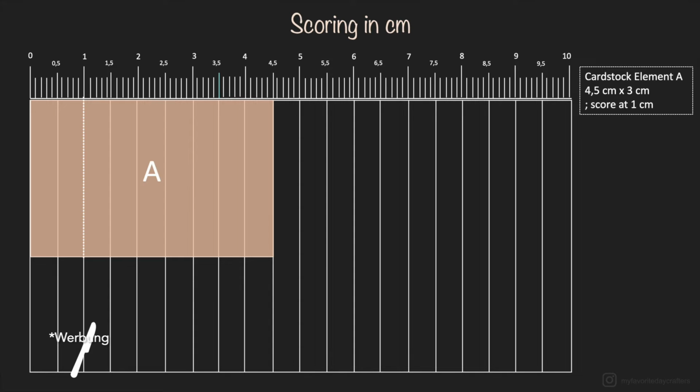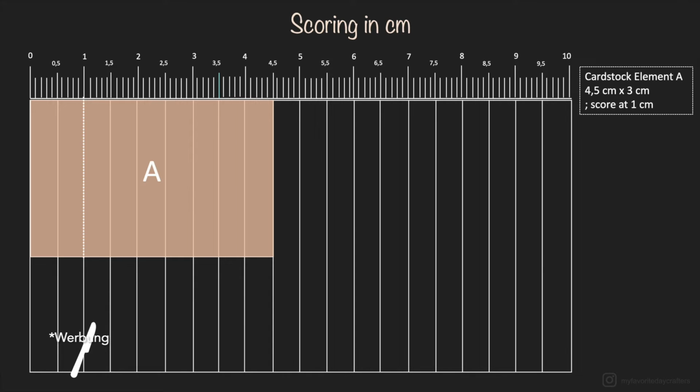And I also did some research to actually see what is out there for scoring boards in centimeters. I just want to give you a heads up that if you're looking for a scoreboard in centimeters, make sure that not only the scale is in centimeters, but also these scoring lines, because you actually want to be able to score in centimeters as well.